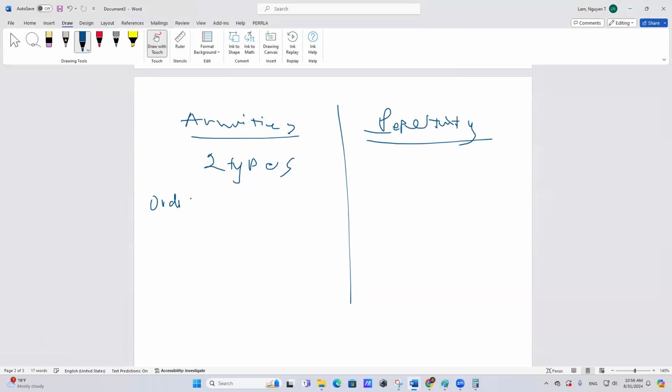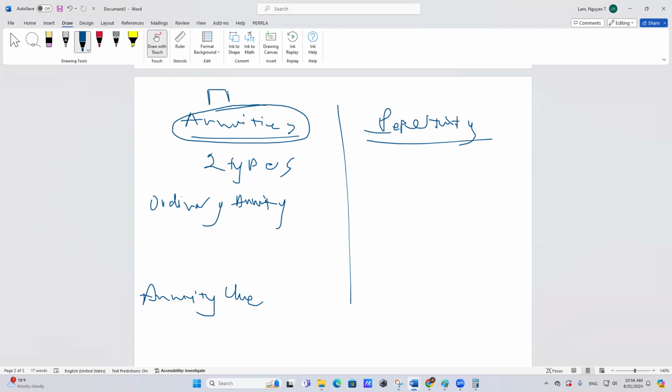First, there are two types of annuities, and that is ordinary annuity and annuity due. Whenever we're talking about annuity, it means there are cash flows that have an ending period.